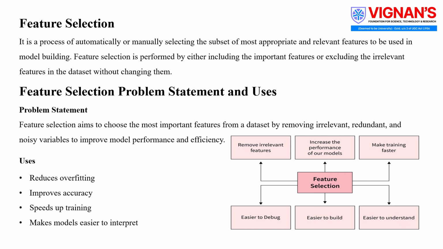Make training faster. On the bottom side, 3 more benefits are shown. Easier to debug. Easier to build. Easier to understand. Together, the diagram visually explains that feature selection improves model performance, simplifies development, speeds up training, and makes the entire machine learning process easier and more efficient.